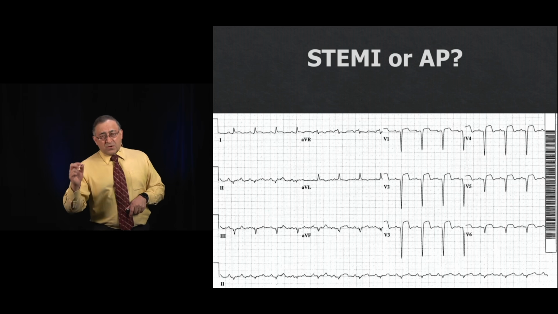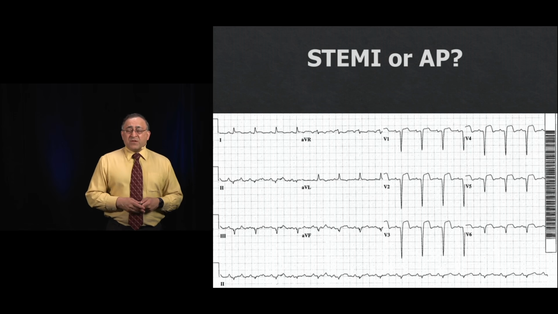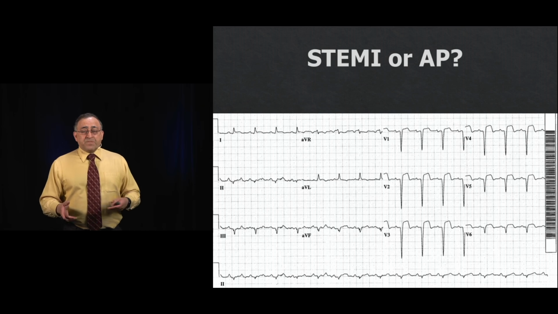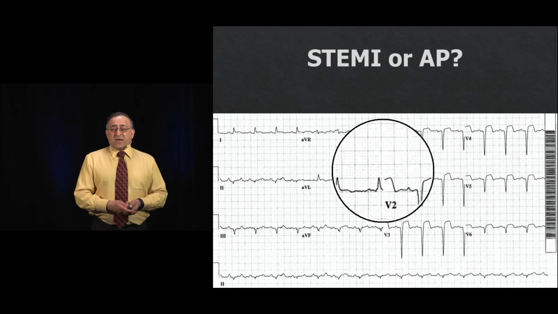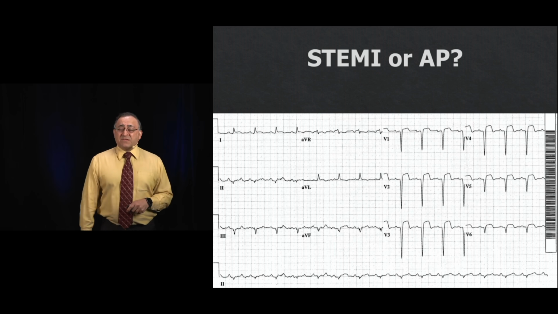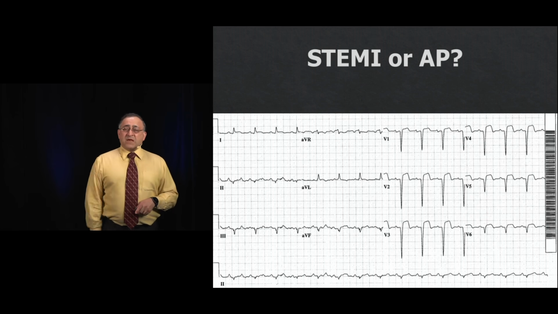Answer is no. Do you see ST elevation in 3 that's greater than in 2? Well, there's no elevation in either of those leads, so we can skip that step. Next step, is there horizontal elevation? The answer is yes. There's horizontal elevation all across the precordium, so this has to be a STEMI. Pericarditis has to be concave upwards. If it's horizontal, it's got to be STEMI.